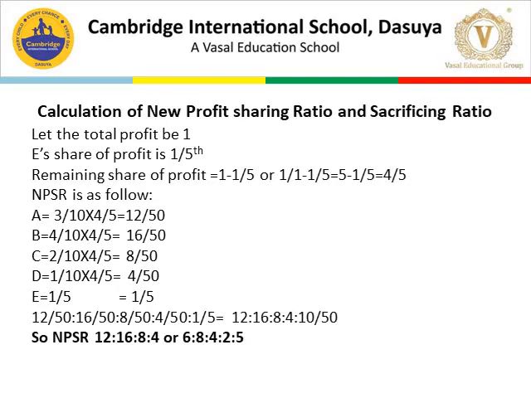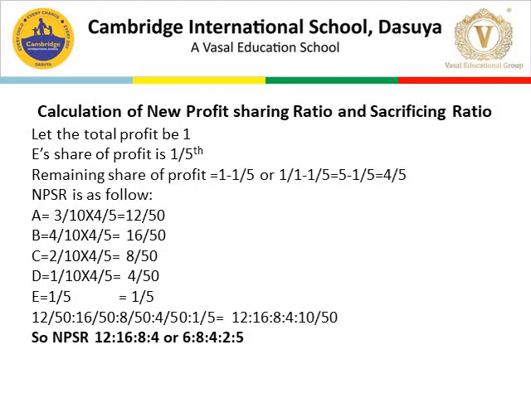E's share of profit is 1/5. The remaining share of profit for A, B, C and D is 1 minus 1/5, which equals (5 minus 1)/5, which gives you 4/5. 1/5 is for the incoming partner and the remaining 4/5 will be distributed among the old partners.